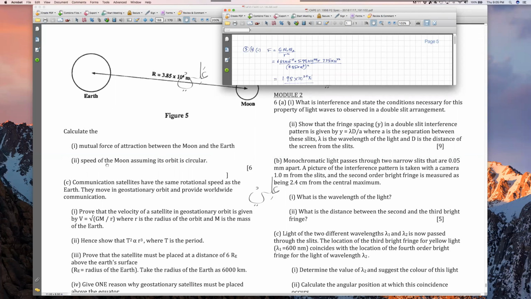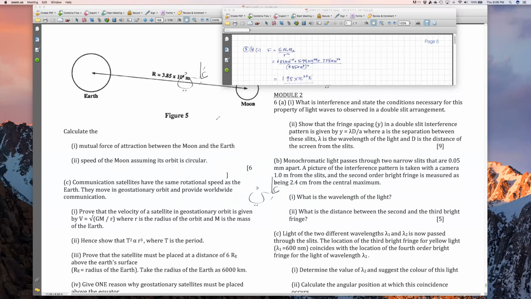They then ask us for the speed of the Moon, assuming that its orbit is circular. Now, from what we've done in class, the gravitational force is equal to the centripetal force, and the centripetal force is equal to 2 things. Let us just write it for visual reference.